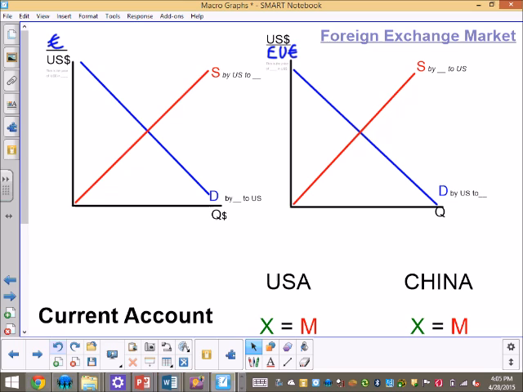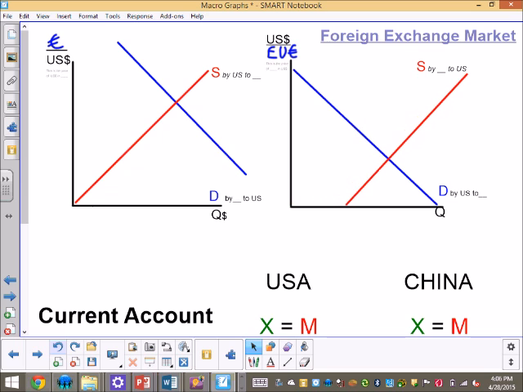So they want more US bonds, so they demand more dollars, and therefore, what would happen over here? If demand shifts, supply would have to increase. So remember, demand moves and the other supply moves in the same direction, causing the dollar to appreciate and the euro to depreciate. Okay?